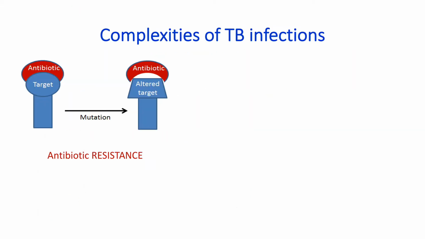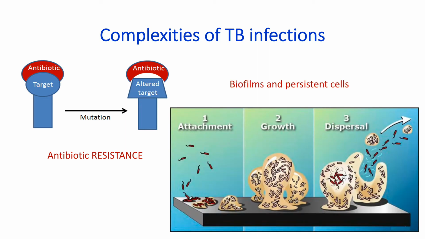The antibiotic resistance of tuberculosis is one of the complexities of tuberculosis-caused infections, and that mainly arises from mutation in certain genome. Another complexity is the formation of biofilms and presence of so-called persistent cells.